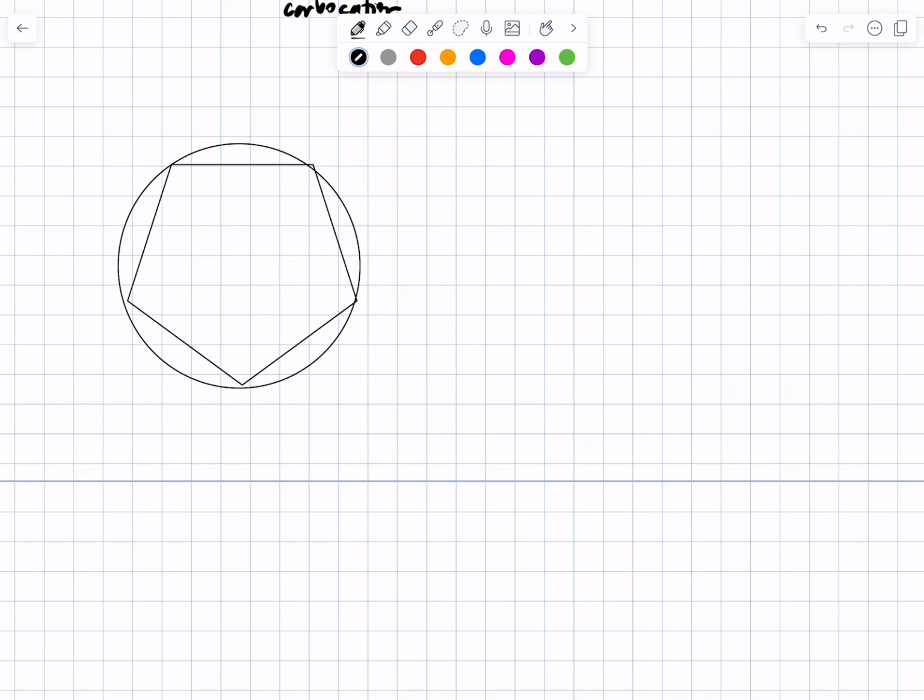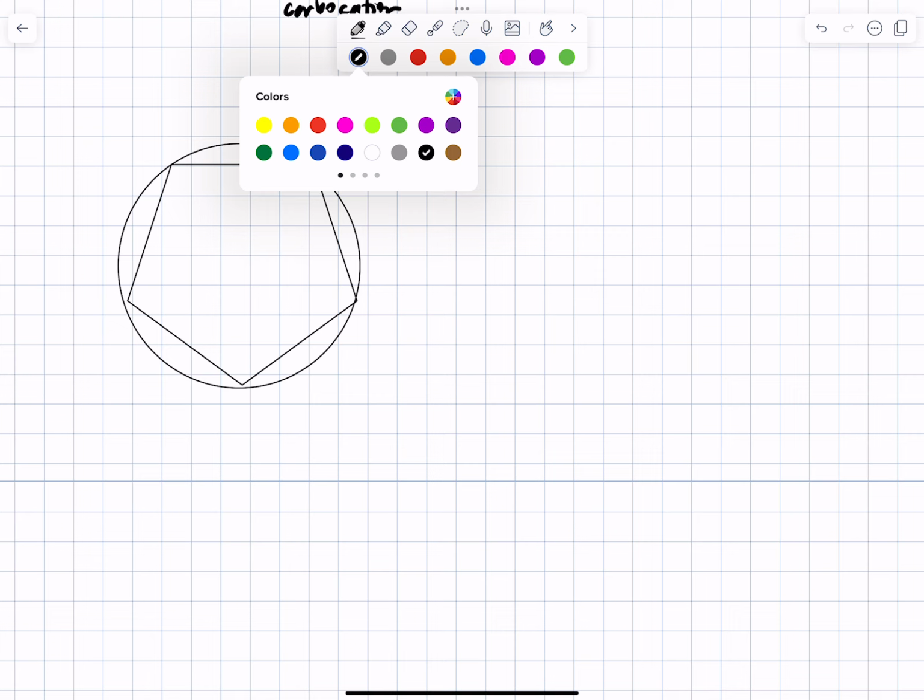where the polygon touches the circle is the energy level for the molecular orbital. And the nice thing about this mnemonic device is it's absolutely quantitative if you draw your polygon right.